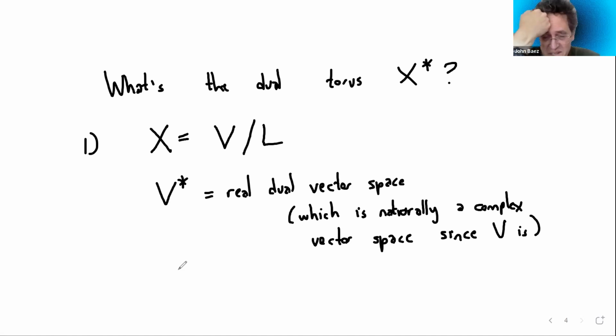Well, the way to say it is that a guy in V dual is a linear functional from V to the real numbers. And you can pre-compose any linear functional with multiplication by i, because V is a complex vector space. So you could define that to be how you multiply.